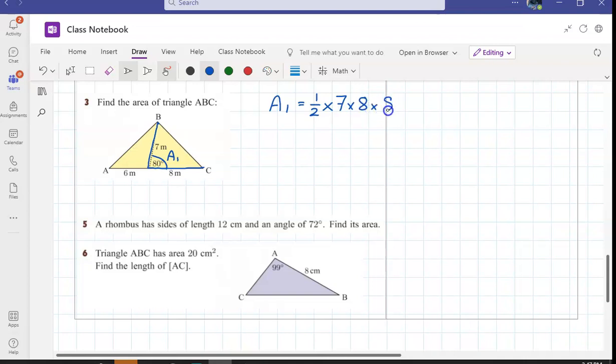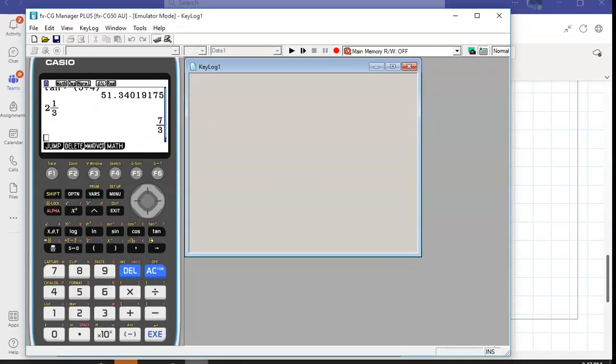And then we say times sine of the angle that it's wrapping around. So sine 80. Bang. We just pop that now into our calculator. So 0.5 times 7 times 8 times sine 80. 27.57. Is that simple?